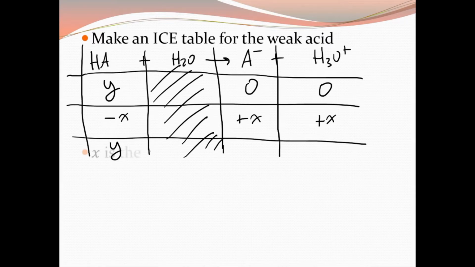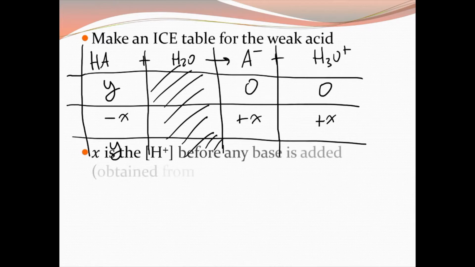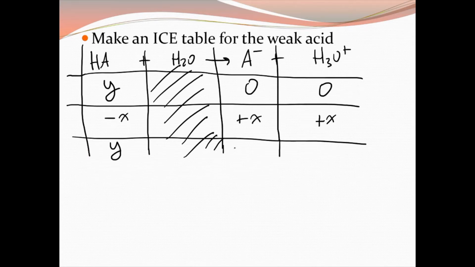Now the x ends up being the concentration of hydronium before any of the base is added. So let's just go backwards. This portion here, we can get from the initial pH.